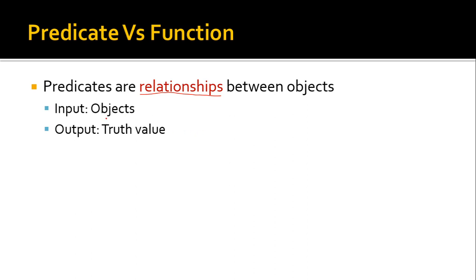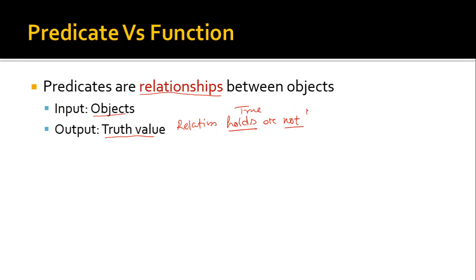So the input to the predicates are the objects, and the output is a truth value, whether the relation holds or not, right? If it holds, then the output would be true.